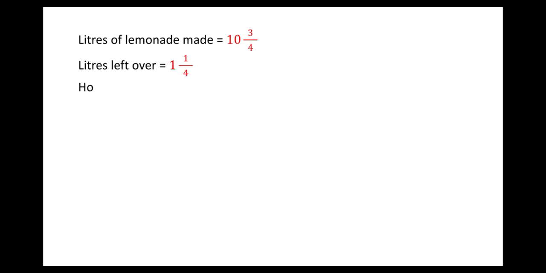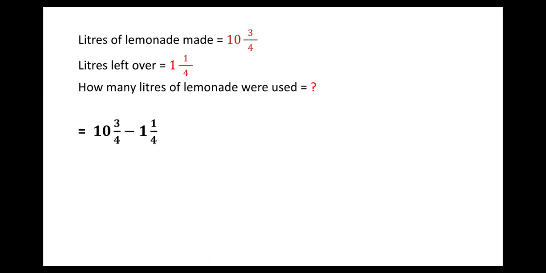So liters of lemonade 10 whole 3 upon 4, and the liters left over 1 whole 1 upon 4. How many liters of lemonade were used? So 10 whole 3 upon 4 subtract 1 whole 1 upon 4.